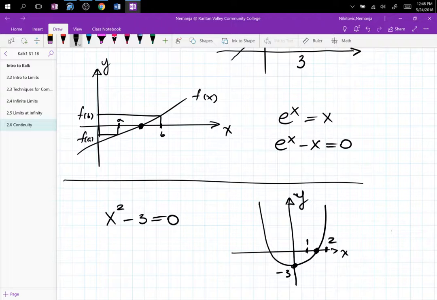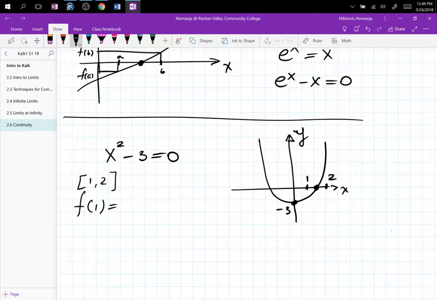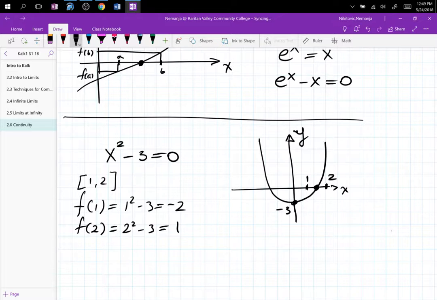And if you plug in 2, you get 1, which is also not 0. So you guess the region in which you believe the answer is. So you are guessing 1 to 2. And when you try, f of 1 is going to give you 1 squared minus 3, which is -2. And f of 2, which is the other end, is going to be 2 squared minus 3, which is +1.